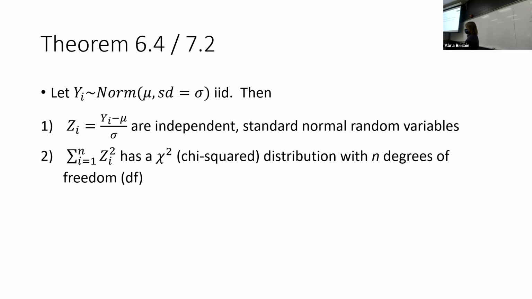So we have a sample of independent Y sub i's from a normal distribution. Then, as you know, if you take the Y value minus the mean and divide by the standard deviation, you get independent standard normal random variables.